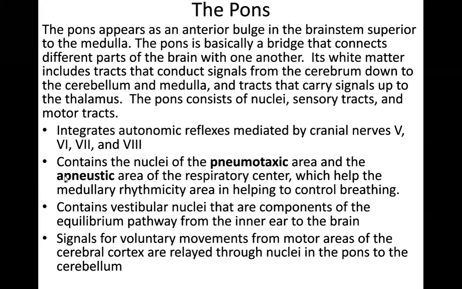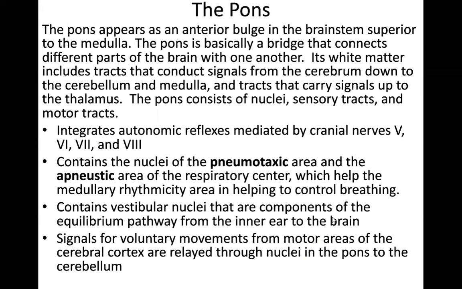Collectively, they help create the respiratory center, which along with our medulla help control breathing. Now we'll talk about specifically what these things do for breathing when we get to the respiratory system later in the semester.